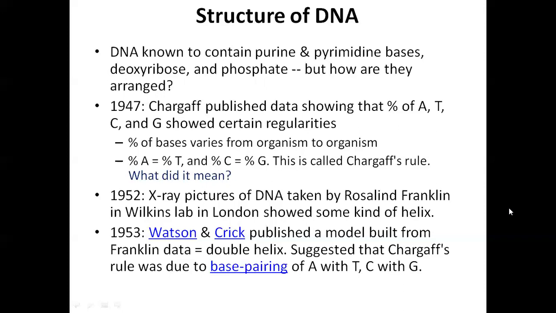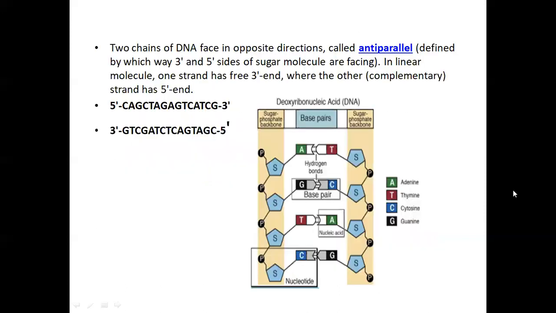This double helix structure suggested that Chargaff's rule was due to base pairing. What is base pairing here? Which type of base pairing? Adenine pairs with thymine and cytosine pairs with guanine. So that's why the percentage of adenine is equal to the percentage of thymine, and the percentage of cytosine is equal to the percentage of guanine.